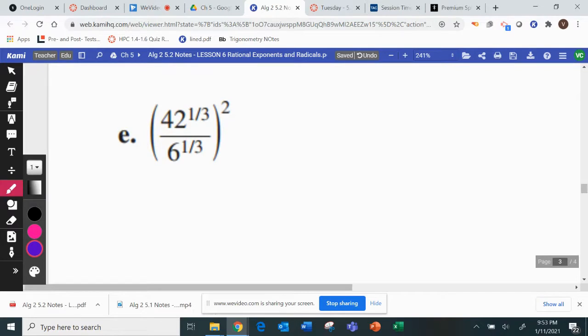All right, question E. So a couple different orders on which you could do this one. I'm going to start on the inside and see if I can do anything first. So I look on the inside and I see not like bases. So we cannot use the properties.